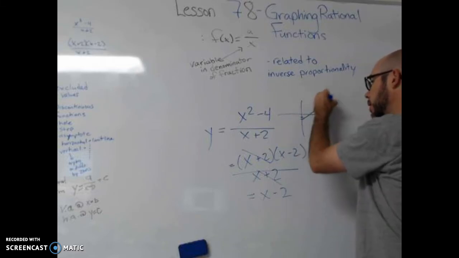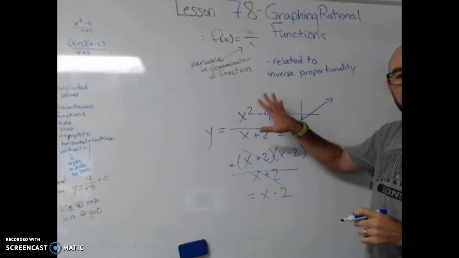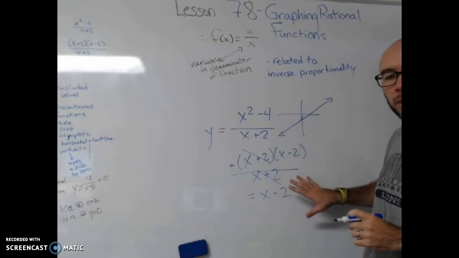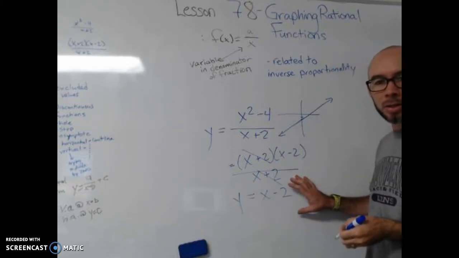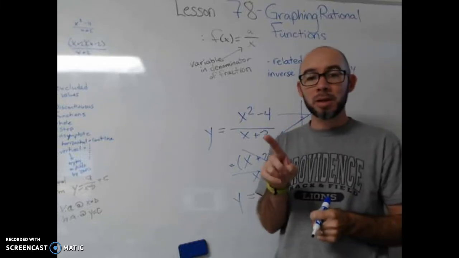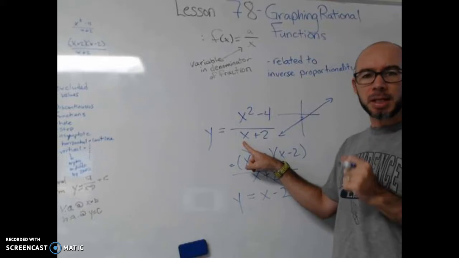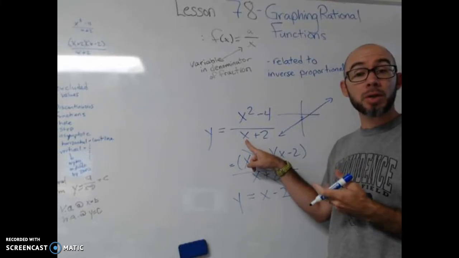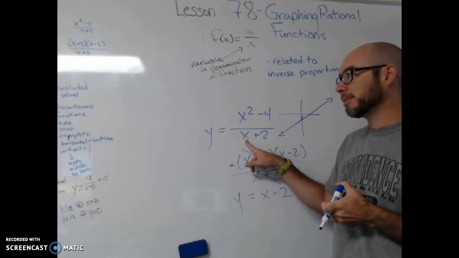It'll look something like that. Even if I typed in this original equation, it looks pretty much identical to y equals x minus 2, with one small difference. If I type this in, it does not know what to do when x is negative 2. I'll show you what your calculator does when that's the case. I think it'll be pretty interesting.